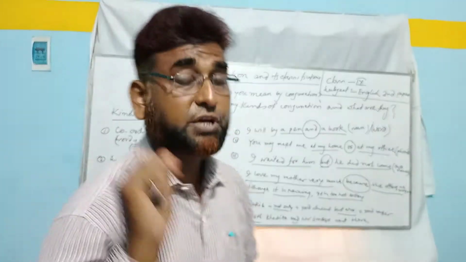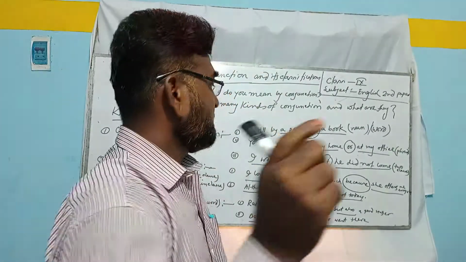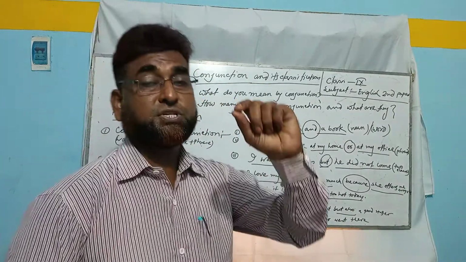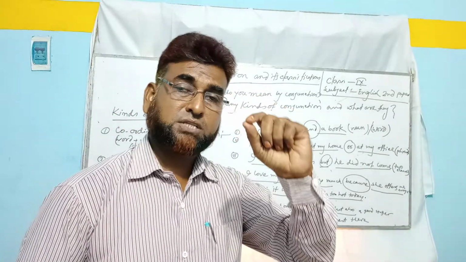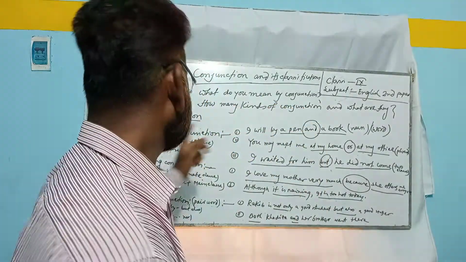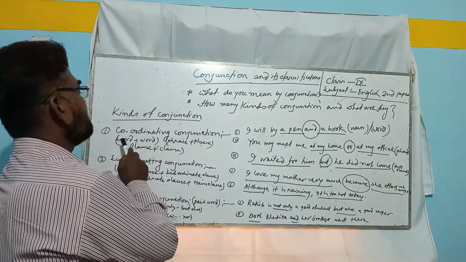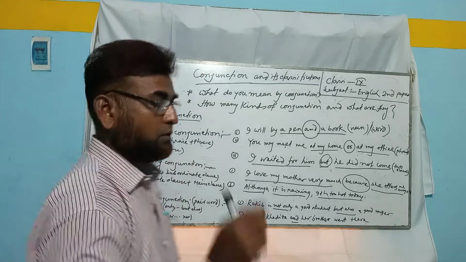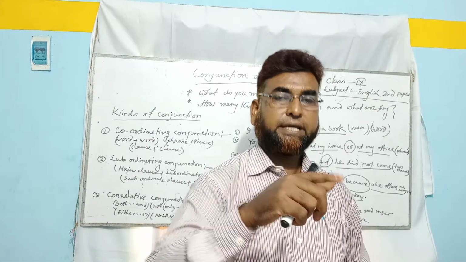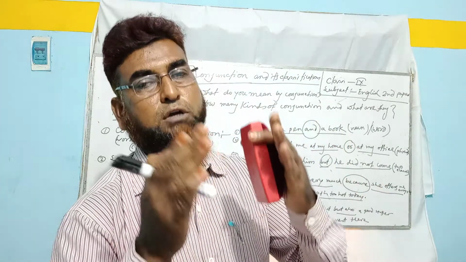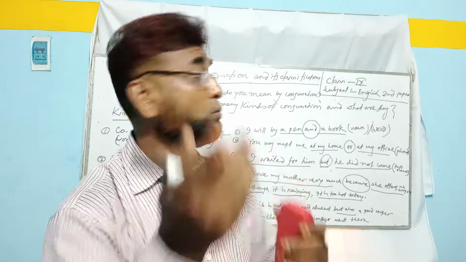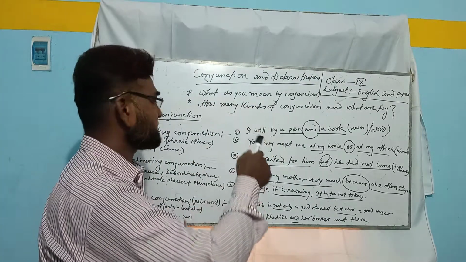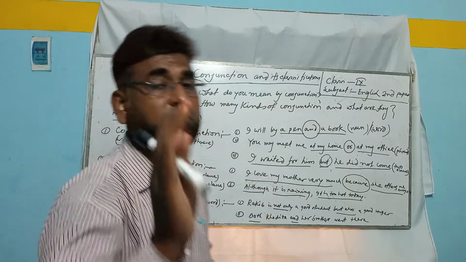So what is coordinating conjunction? The definition of coordinating conjunction is that the conjunction connects word with word, phrase with phrase, or clause with clause. When a conjunction connects one or more words, phrases, or clauses of equal rank, it is called a coordinating conjunction.